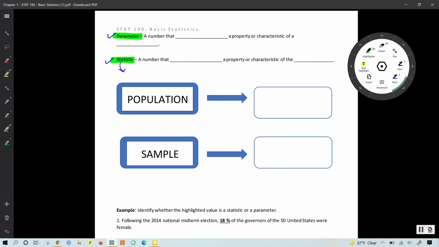Well, the population will be all students at Truman State University, while the parameter or characteristic of that whole population that we want to study is the proportion of that population that have an Instagram account. So in this case, our parameter is always a number that summarizes a property or characteristic of a population.